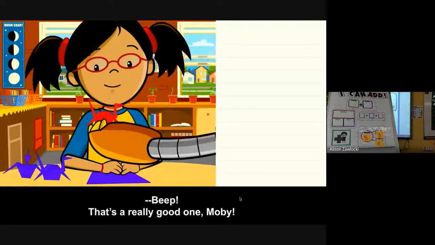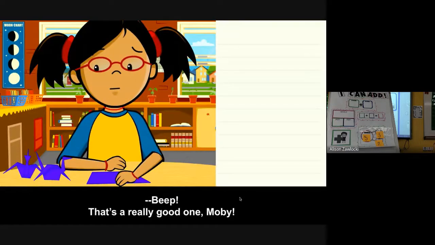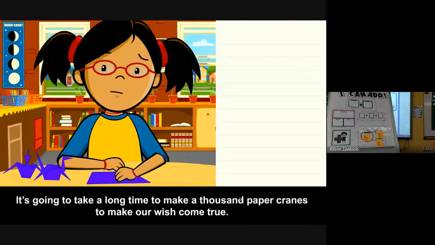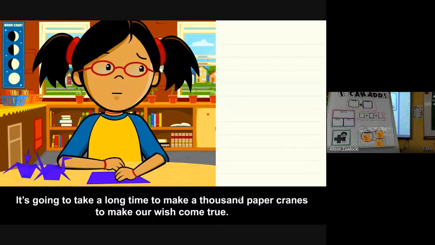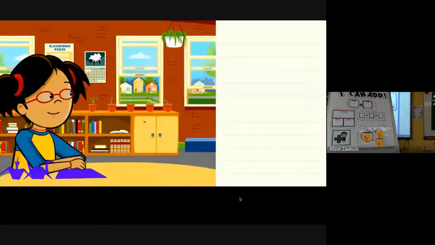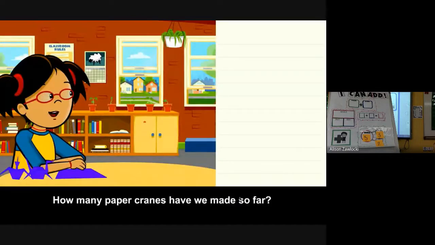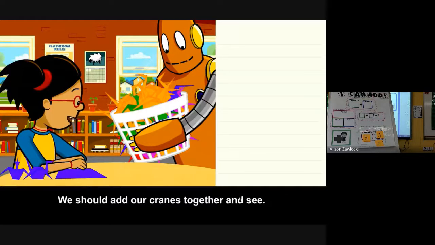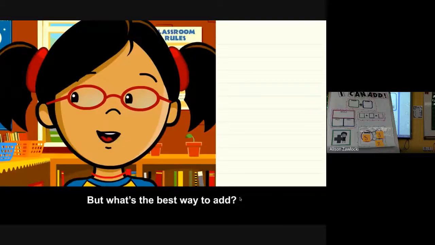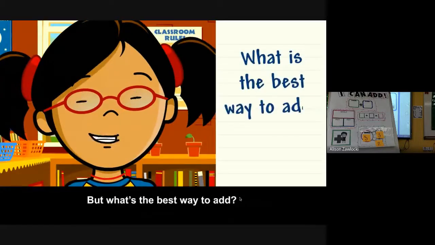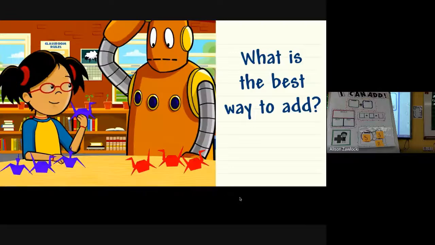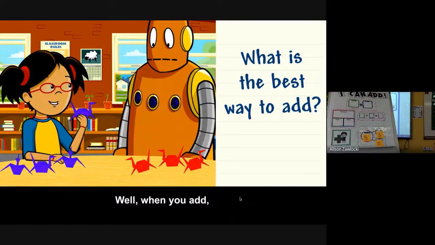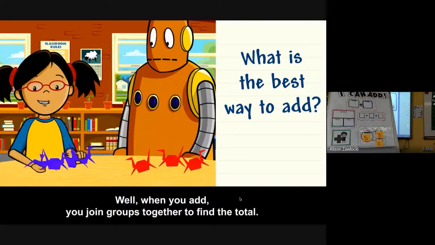That's a really good one, Moby. It's going to take a long time to make 1,000 paper cranes to make our wish come true. How many paper cranes have we made so far? We should add our cranes together and see. But what's the best way to add? Well, when you add, you join groups together to find the total.